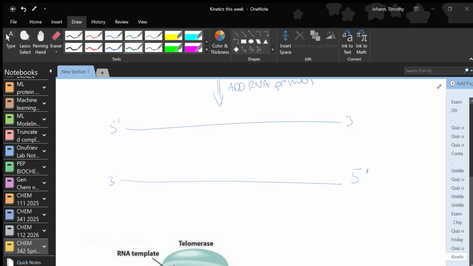Those primers will go on the ends. Imagine we'll end up with primers added all along, but on the very end of each of these chromosomes, you will have a primer.